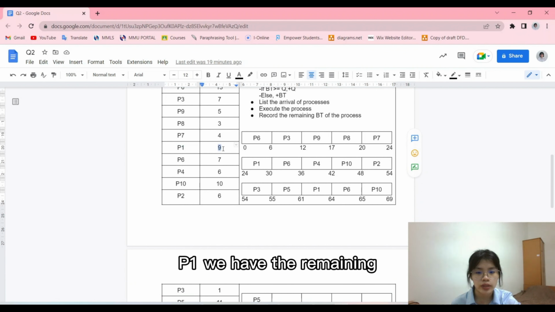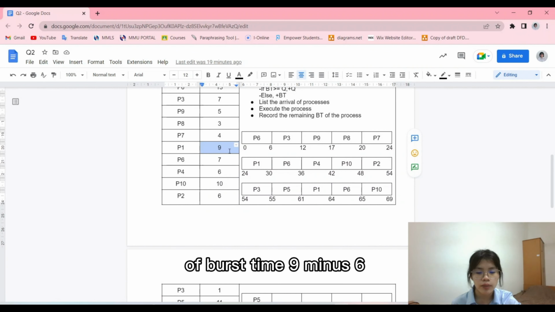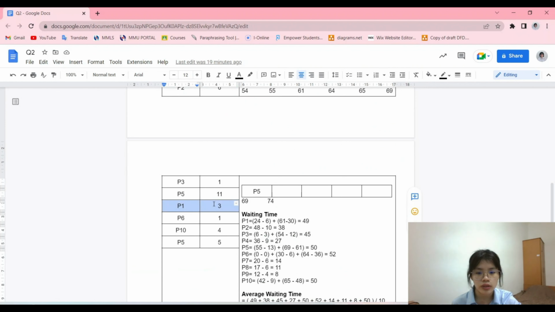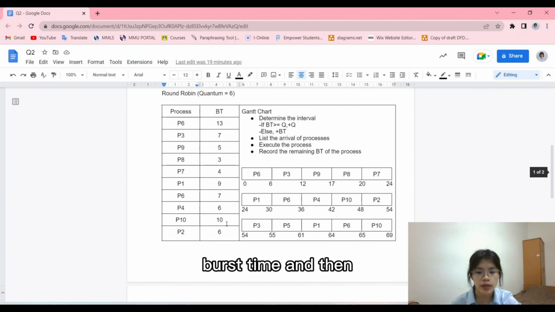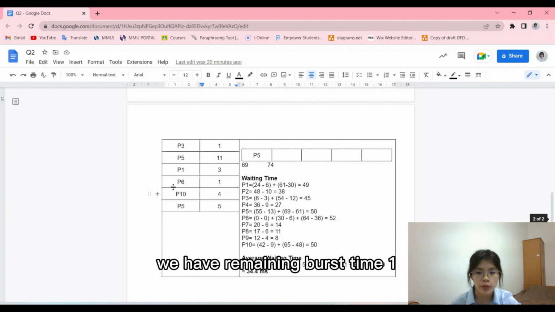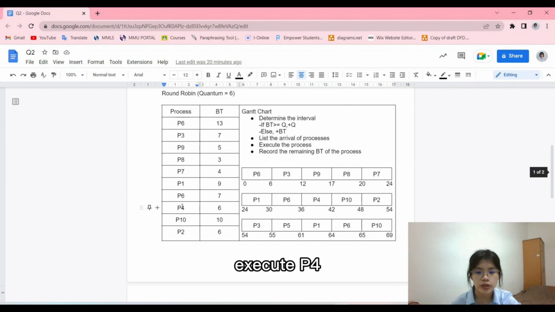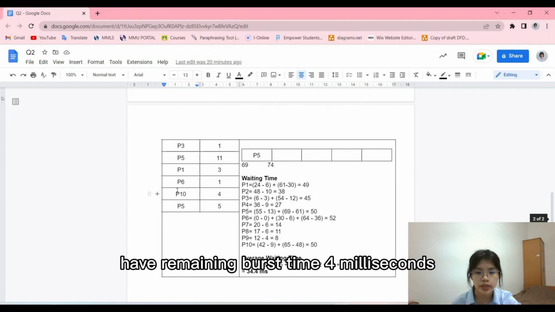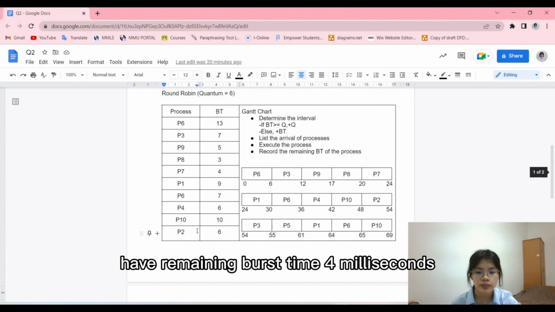For P1, we have remaining burst time: 9 minus 6, remaining 3. Then continue to execute P6, with remaining burst time 1. Execute P4, no remaining. Execute P10, remaining burst time 4 milliseconds.